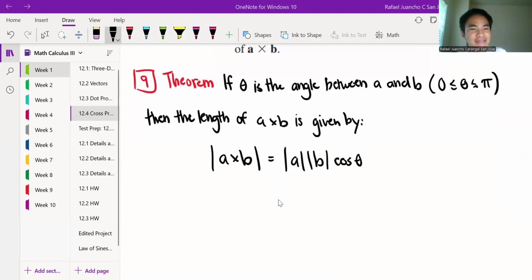I'm kidding, it's not cosine, it's sine. My bad. Let's go through another proof. There are so many proofs. All right, let's go through this proof.